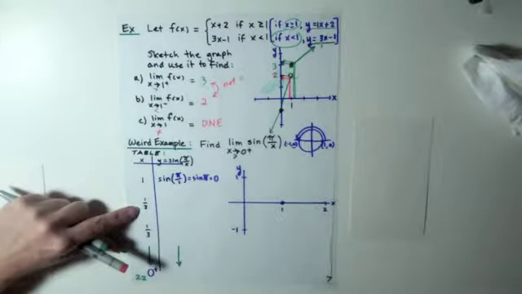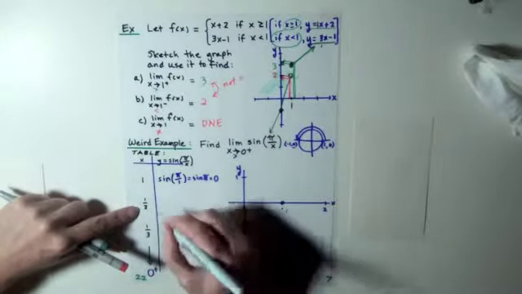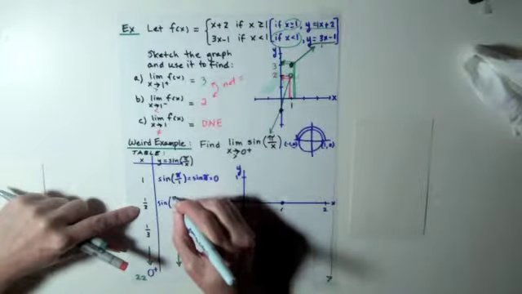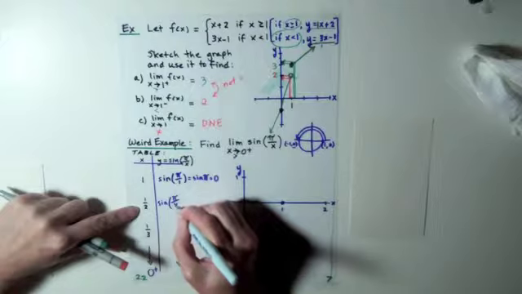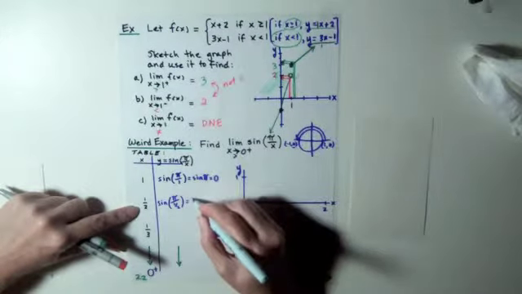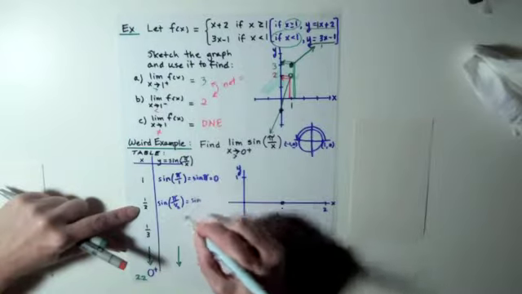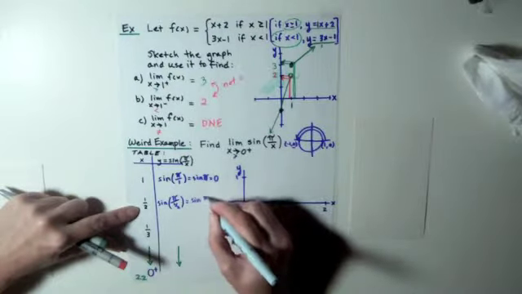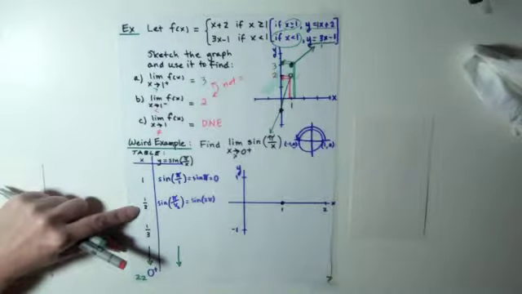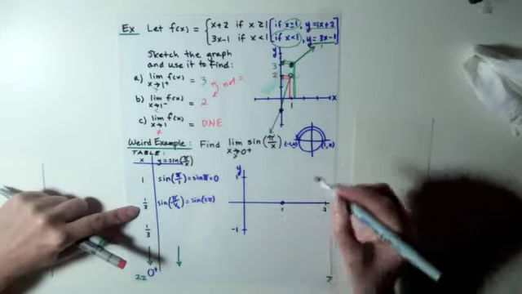If I plug in the value x equals 1/2, I would be doing sine of pi divided by 1/2. If I invert and multiply, that'd be the same as sine of 2 over 1 times pi, or sine of 2 pi. That's the same as sine of 360 degrees.